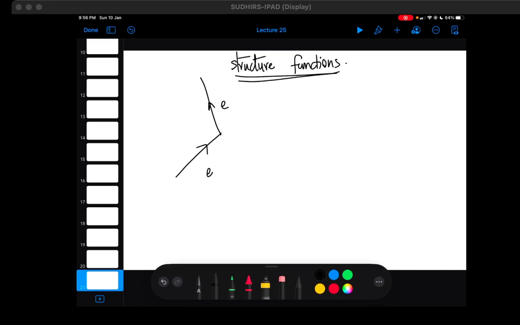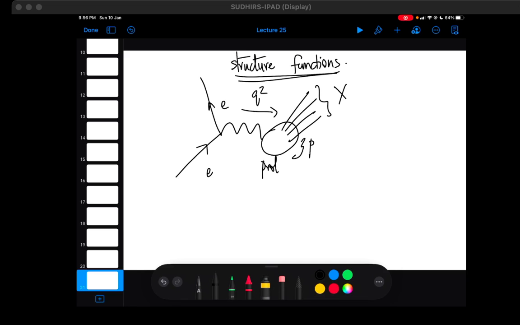This is all this debris X essentially, and then the proton could carry a momentum P. P is essentially the fraction of the energy which the proton actually takes. Essentially, this is the proton.